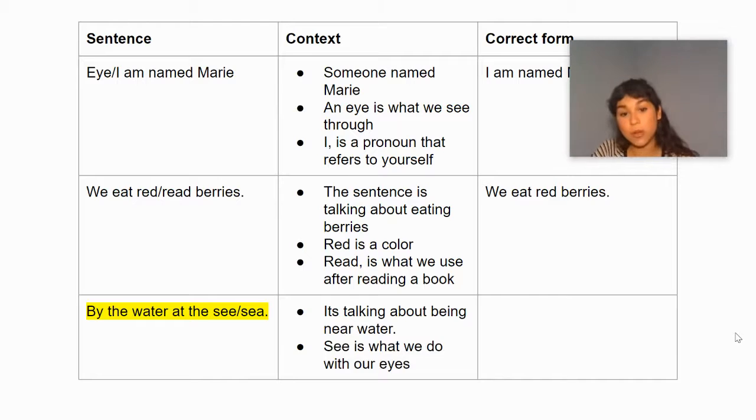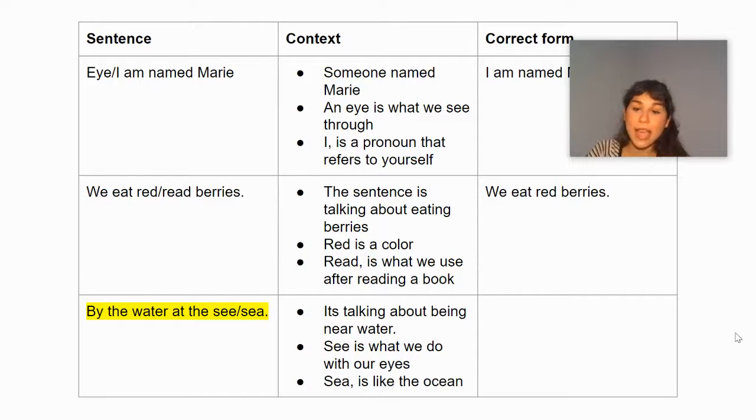Yes, see, spelled S-E-E, is what we do with our eyes. It is one of our senses, sight. We see with our eyes. That is S-E-E. Good job. And sea, spelled S-E-A, is like the ocean. The sea is like the ocean. So, knowing our context, what is the correct word that is going to make our sentence make sense?